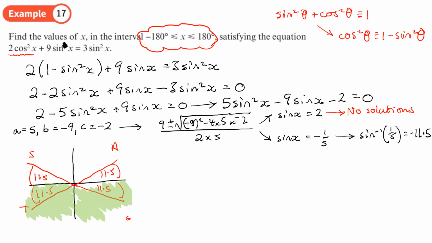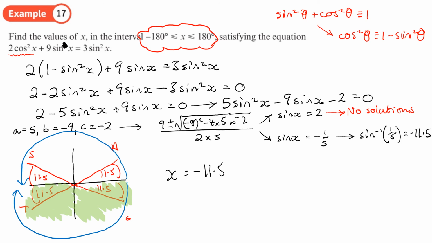Now, keeping an eye on the range that we want to find the solutions in, there isn't much point going this way, because the final solution we want is going to be around there. Going around to negative 180, we're looking for solutions that way. Well, we've got the negative 11.5. So x equals negative 11.5.